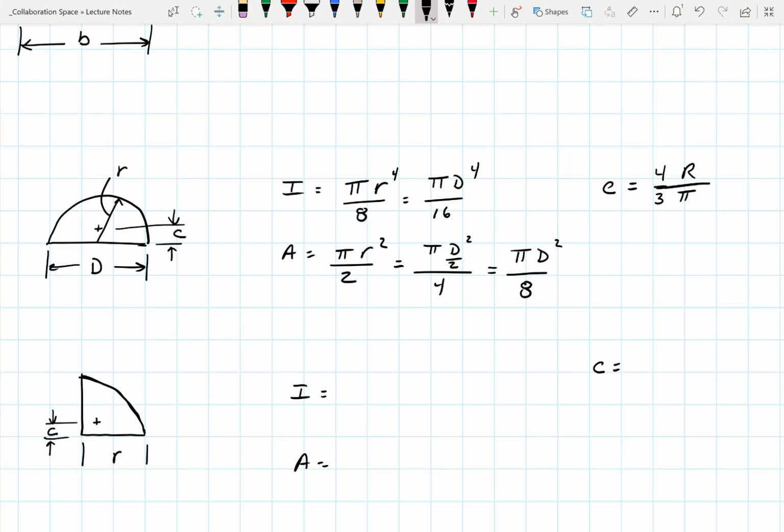If I have a full semicircle, I have mass on this side and mass on this side, so it finds its center based on that. It'll be in the center plane, at 4r over 3 pi up. A quarter circle could be that height, but it's going to shift to the right or left, depending which way it is, to give you the C for the quarter circle.